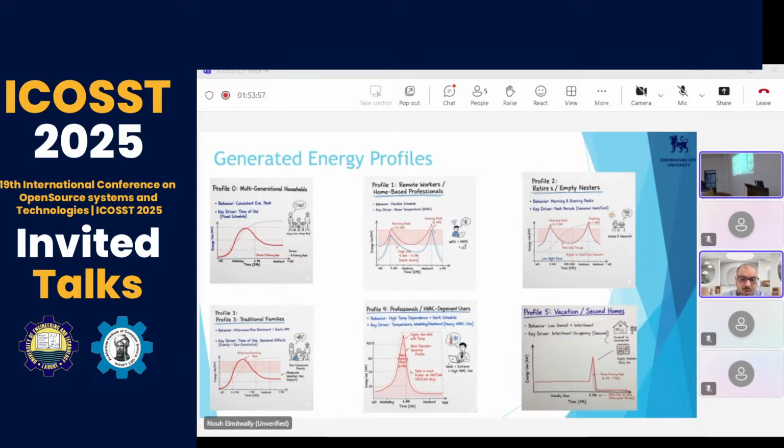According to the profiles: profile 0 is multi-generational households, profile 1 is remote workers, and profile 2 is retired empty nesters. Profile 3 shows traditional families, for example, with afternoon and evening dominance and eco-consciousness.